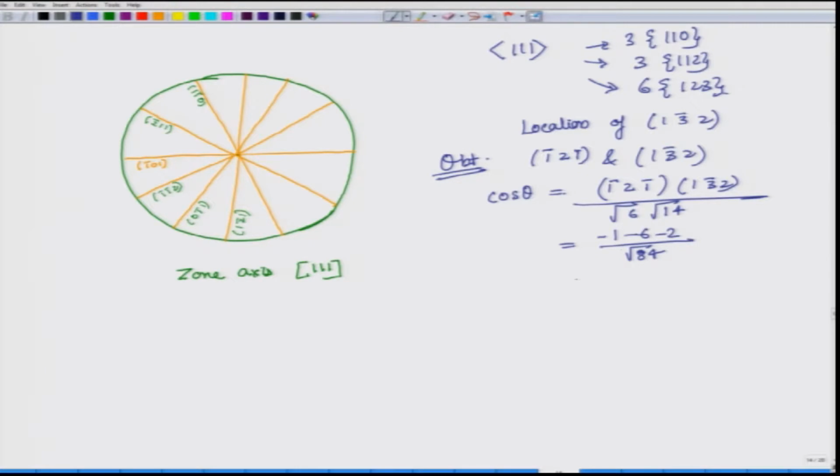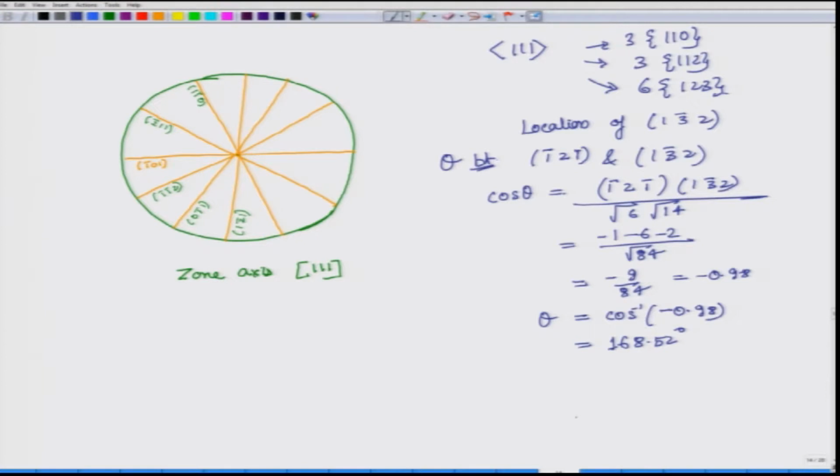So, this is equal to minus 9 by 84. From this, theta comes out as cos inverse of minus 0.98, and this will be 168.52 degrees.